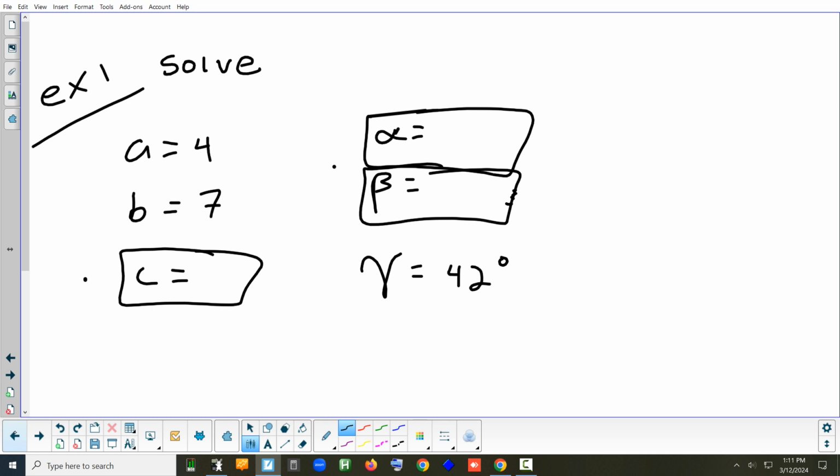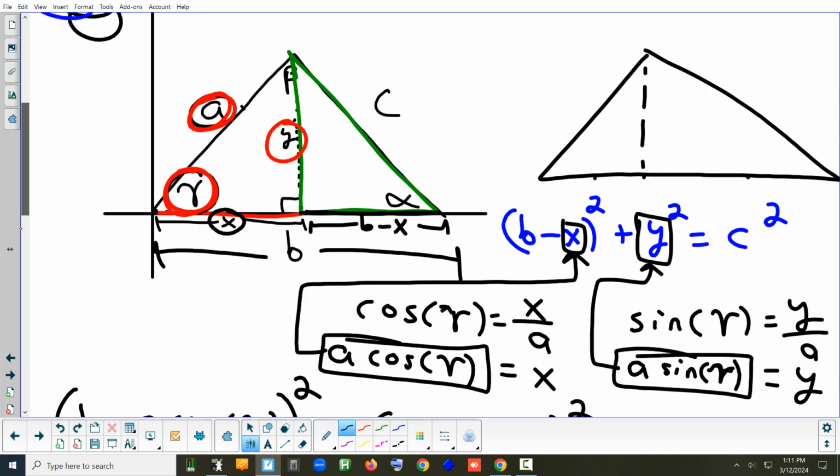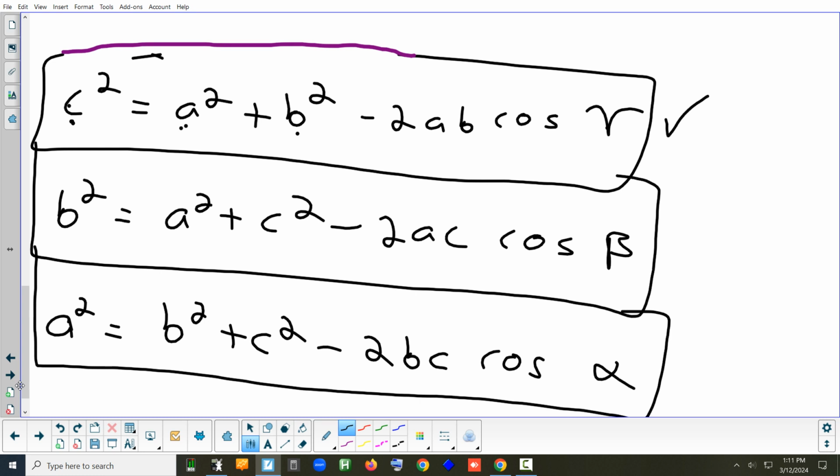When you are doing the law of cosines, if you are missing a side, that is what you have to find first. That's the rule with the law of cosines. If you're missing a side, find that side first. The reason is that every version of the law of cosines has every side in it. They all have a's, b's, and c's.